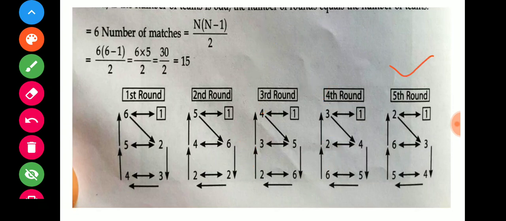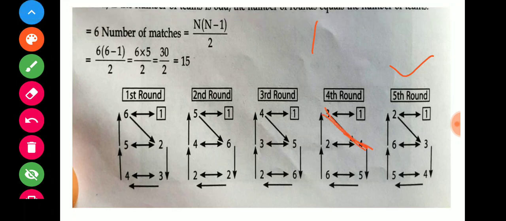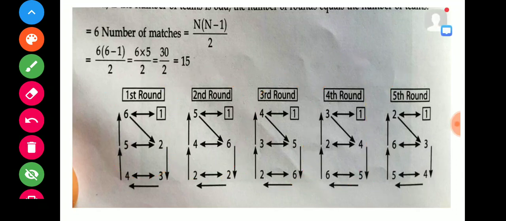Then the fifth round: 1 is fixed, then 3 will come here, then 4, 5, 6, then 7, no, then 2. So in such a way the fifth round is made. If a sixth round were made, see what would happen: 1, then 2 will come here, again 2 3 4 5 6.